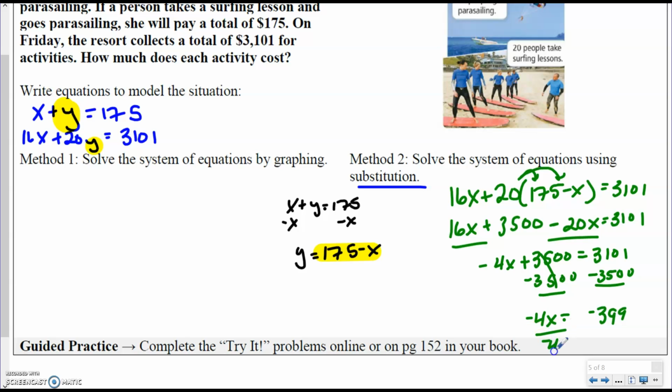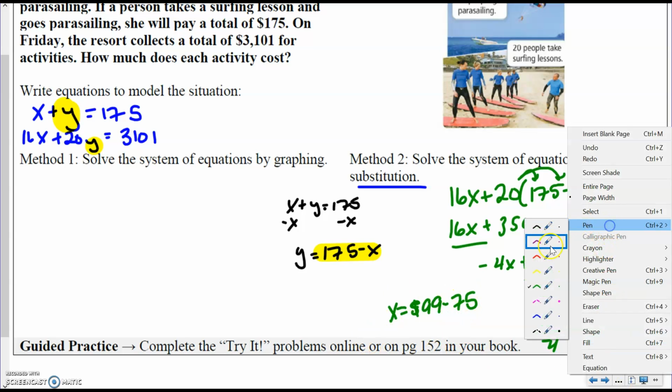So if I divide by negative 4, make sure it's a negative 4, I get 99.75. So that means it costs $99.75 to go parasailing. It's really easy to find the other part.